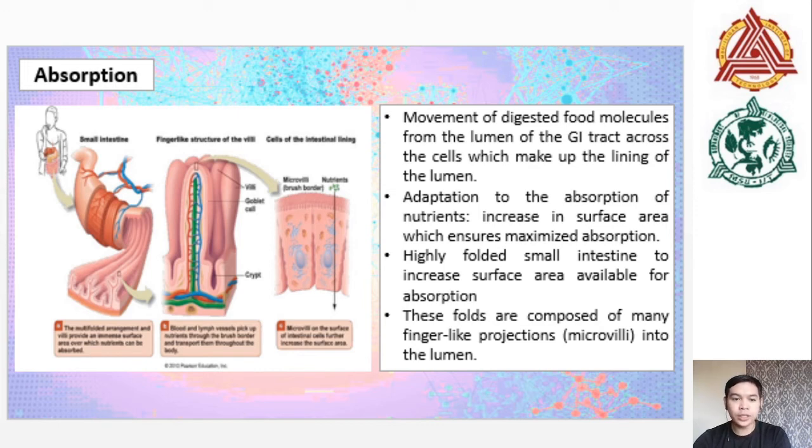So, in order to increase the surface area available for absorption, this region in the small intestine must be highly folded. Originating from these folds are many finger-like projections or microvilli into the lumen. This is a functional adaptation which serves to increase the surface area available for absorption.